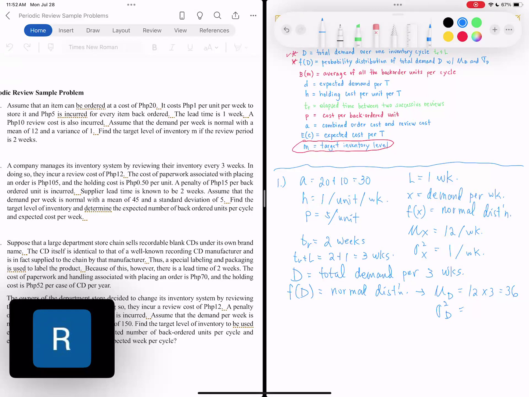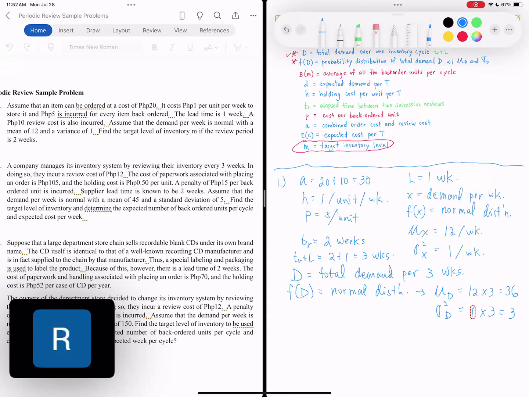In this problem, the given for 1 week is variance. Variance is equal to 1 per week. So on the basis of the variance, you get the variance for 3 weeks. It follows the same calculation: 1 per week times 3 will give you 3, before you calculate sigma. Because ultimately, for normal distribution, you need mu and sigma.